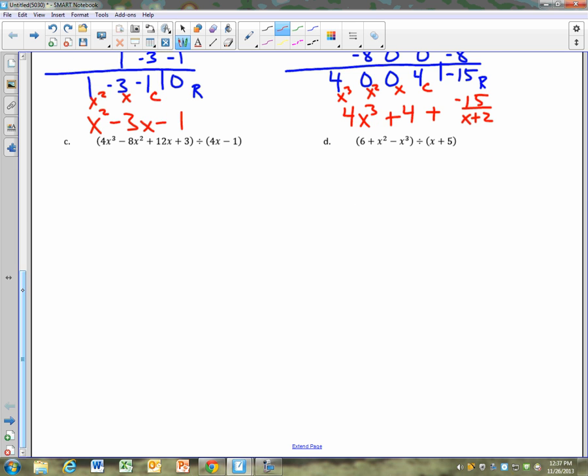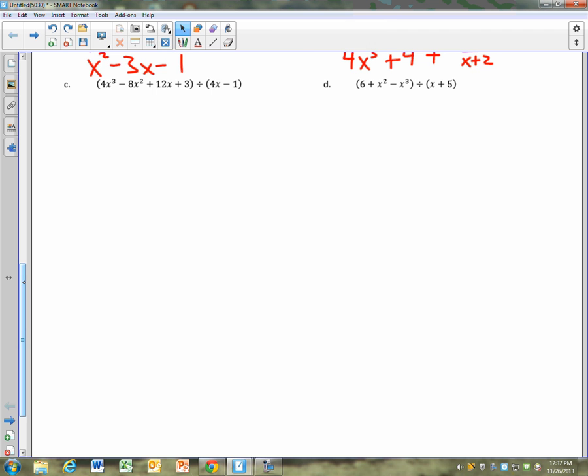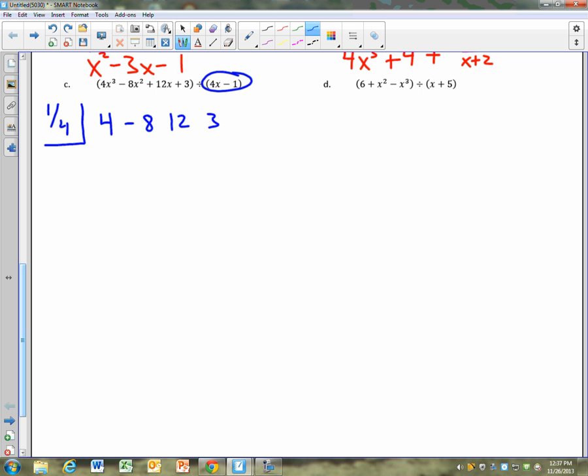We'll do C together. You can try D on your own. What number gives you 0 right here? 1/4. List my coefficients: 4, negative 8, 12, 3. Drop down the 4.